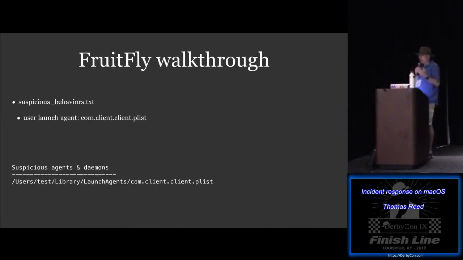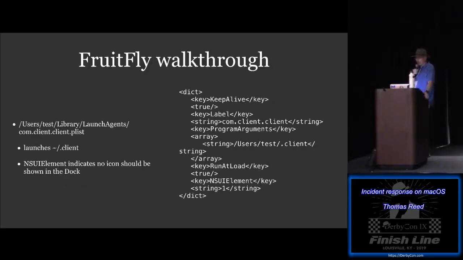So let's take a look here. We've got a system, it's infected. We don't know what it is yet. So we'll look at suspicious behaviors, and right away we see there's a launch agent in there called com.client.client.plist, but we don't know why it's suspicious yet. So let's take a look at that file.